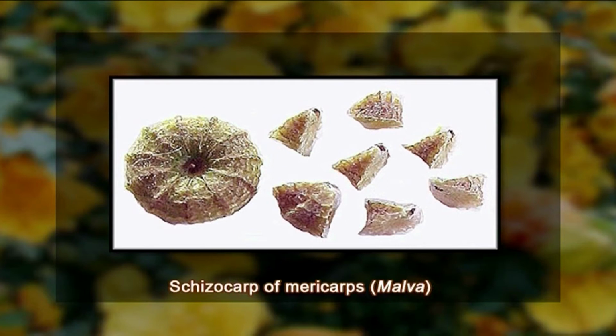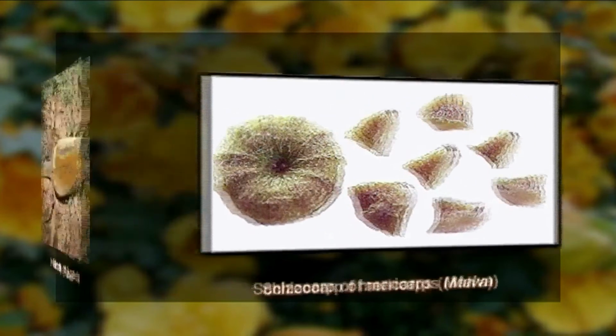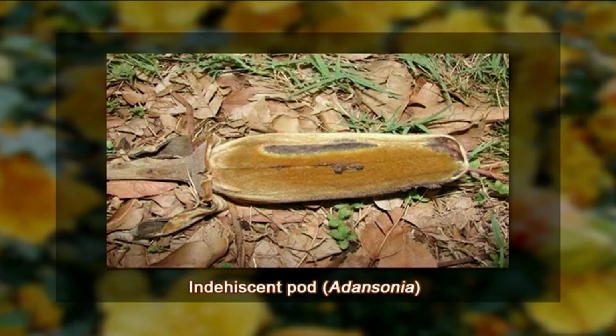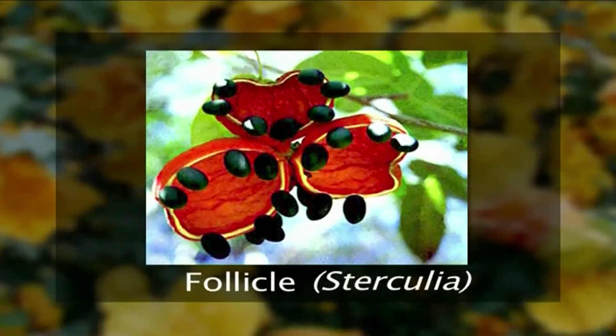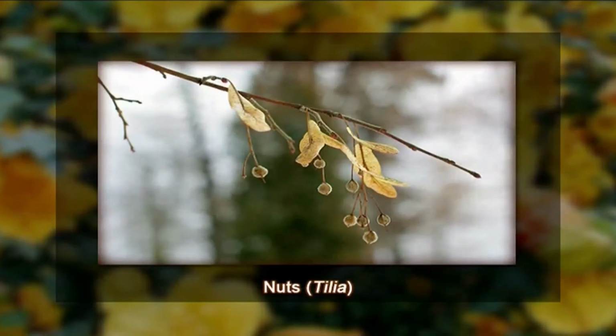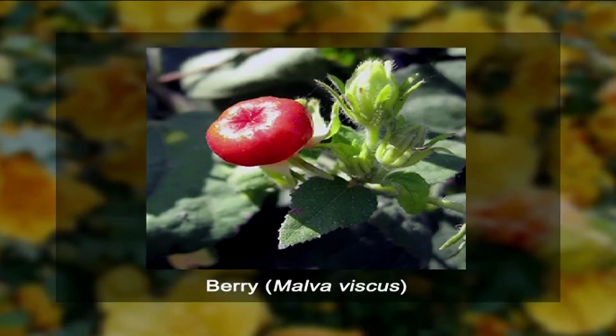The example is Malva. Or it can be an indehiscent pod, what we see in Adansonia. Or the fruit can be a follicle even. The common example is Sterculia, or a nut, what we see in the genus Tilia. Or very rarely the fruit can be a berry.